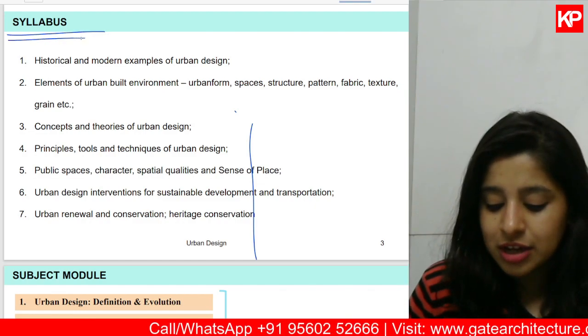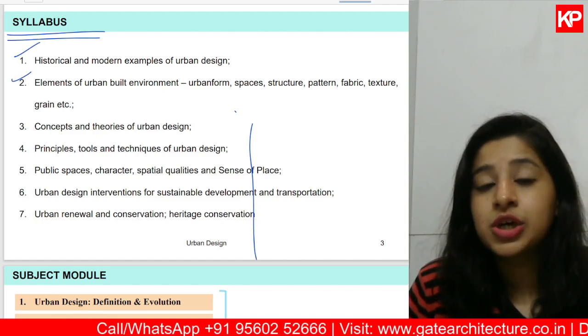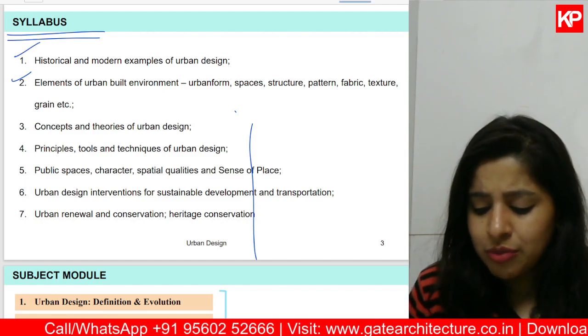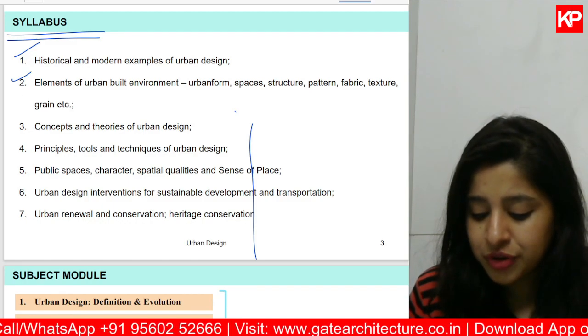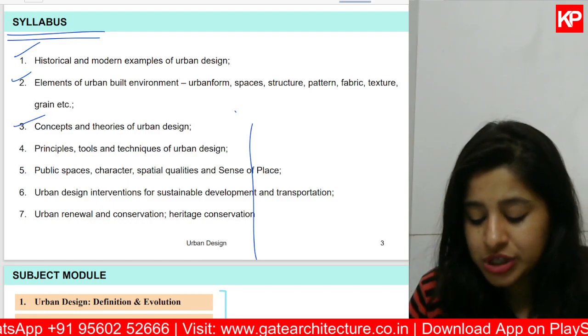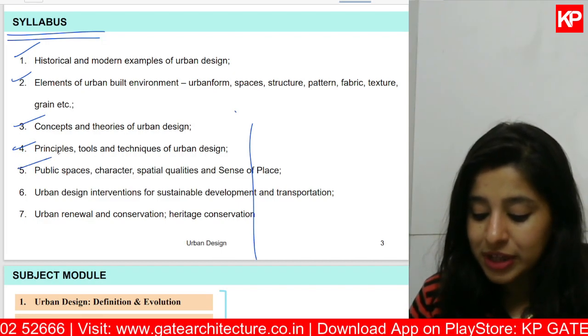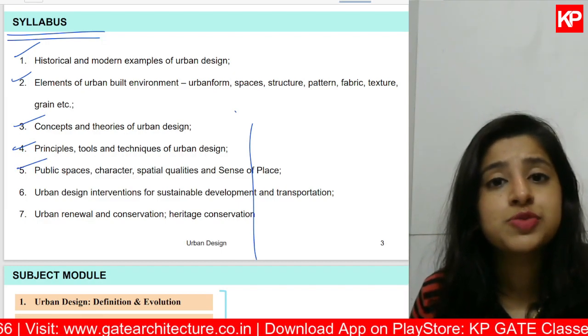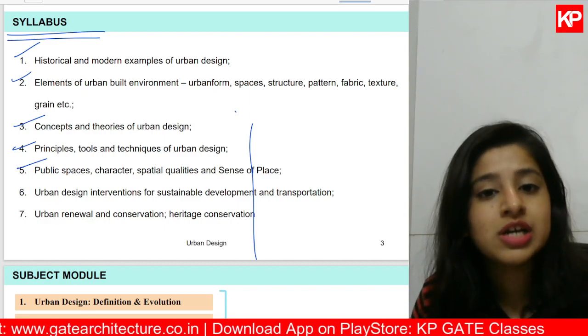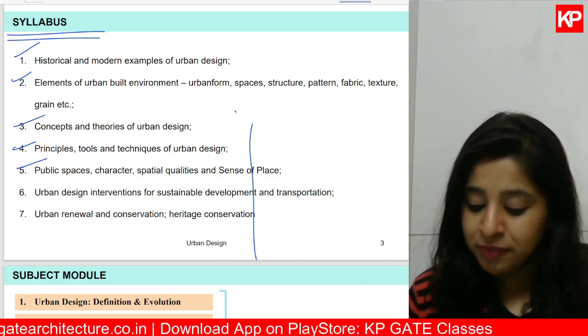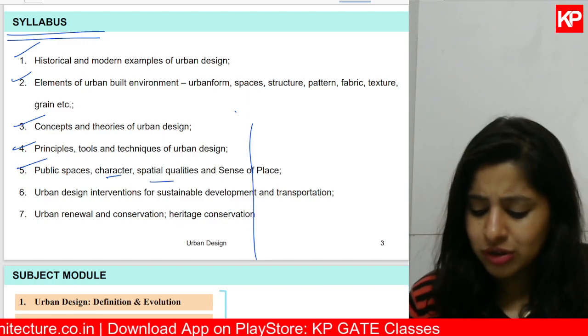Now this is the syllabus given exactly in terms of GATE. Historical and modern examples of urban design, elements of urban and built environment, concepts and theories of urban design, principles, tools, techniques of urban design. What are the very famous public spaces, public squares, public plazas, where are they located, character, spatial qualities, all of these things.